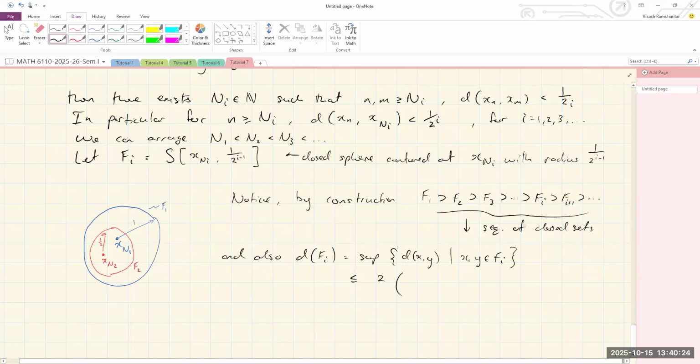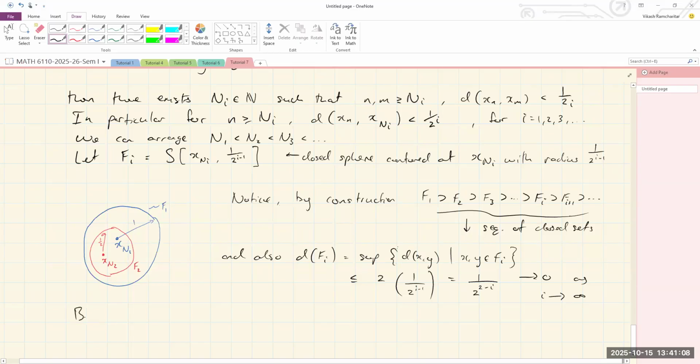That's why we took the radius to be 1 over 2 to the I minus 1. So this becomes 2 times 1 over 2 to the I plus 1, which is equal to 1 over 2 to the I. And of course, this is going to 0 as I goes to infinity. Okay, so the diameter is going to 0.